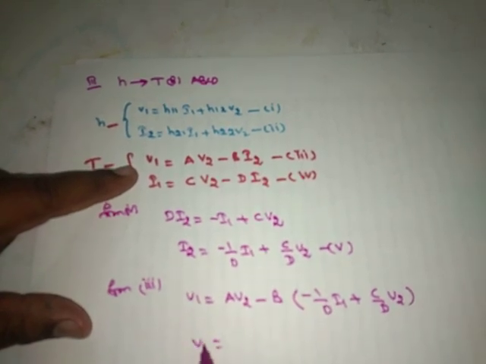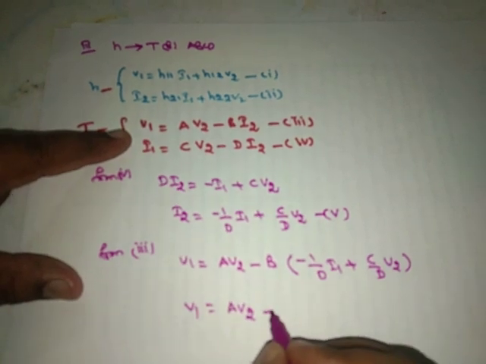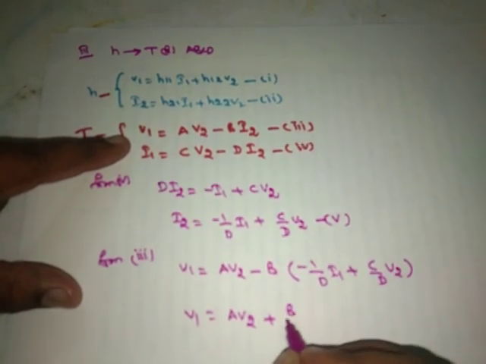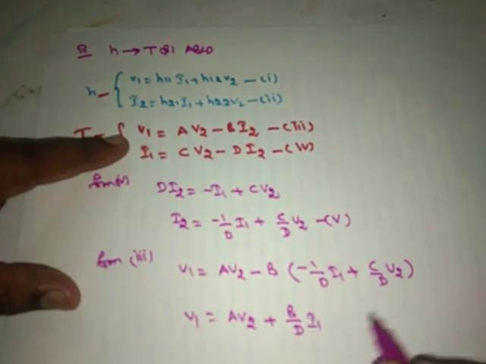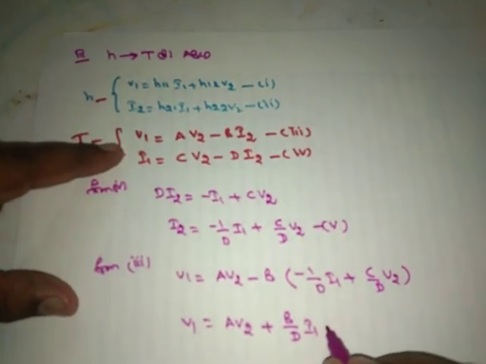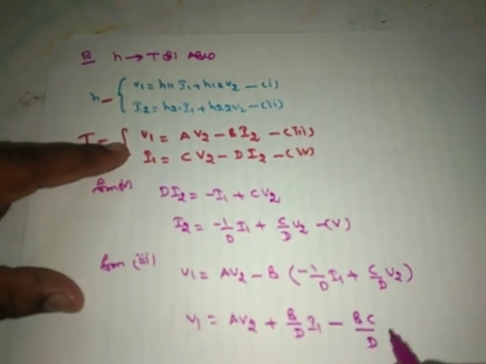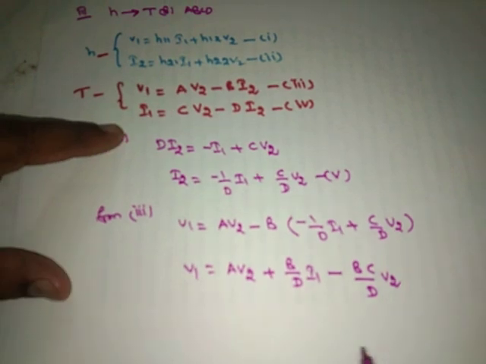Simplify this one. V1 is equal to A into V2 plus B by D I1 minus BC by D V2.